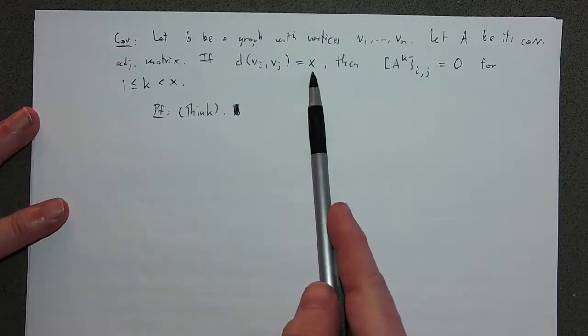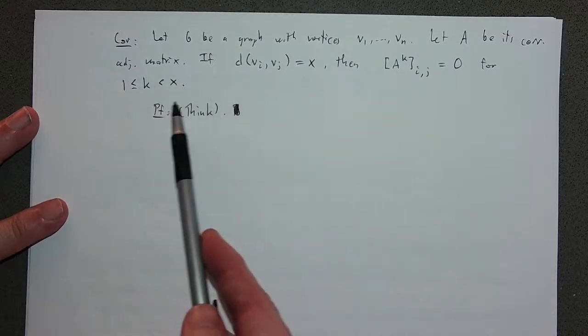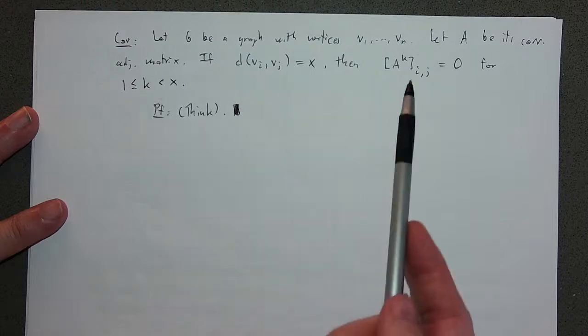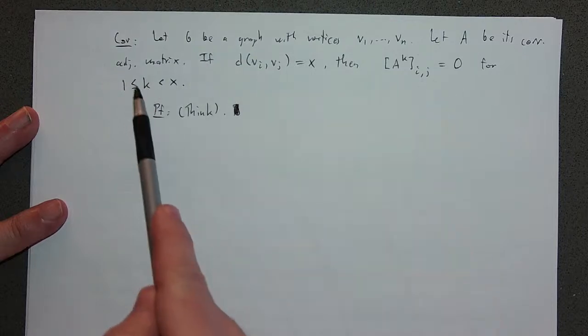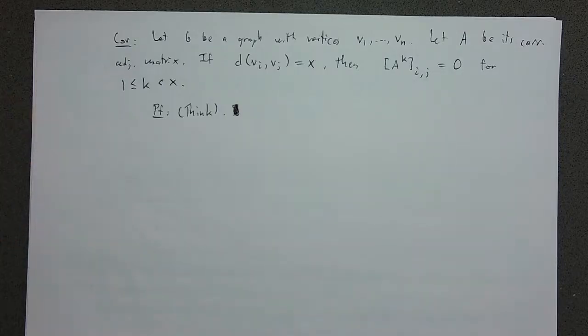If that's x, then if k is strictly less than x, there does not exist a k-edge walk from v sub i to v sub j. Once k is equal to x, well, then this could be non-zero, right? But when k is strictly less than x, this has to be 0 necessarily, because x is the distance, which is the least number of edges connecting the two vertices, right, in a path. So that's what's going on there.